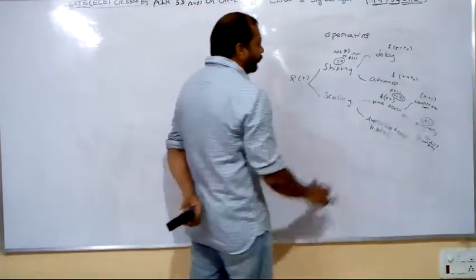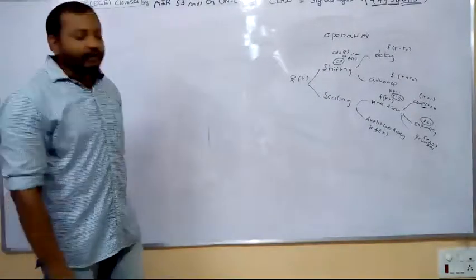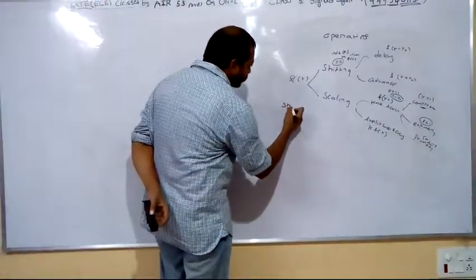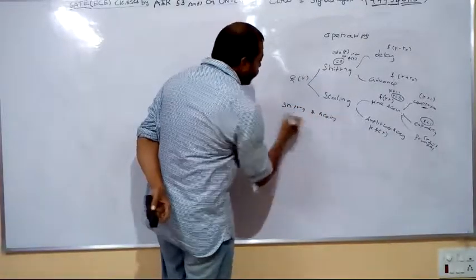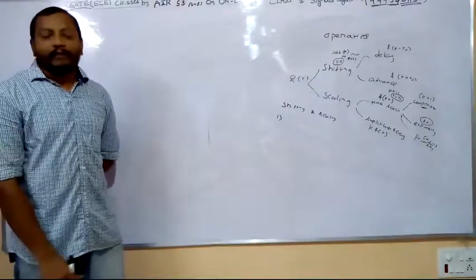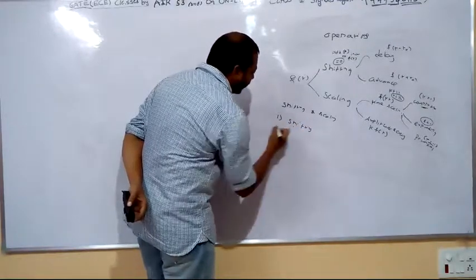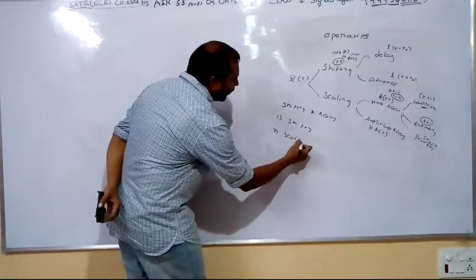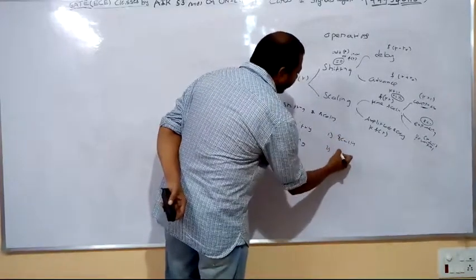Now consider the combination of shifting and scaling. In this situation, two ways you can go: first do the shifting operation, then go for the scaling operation, or first do the scaling operation, then go for the shifting operation.